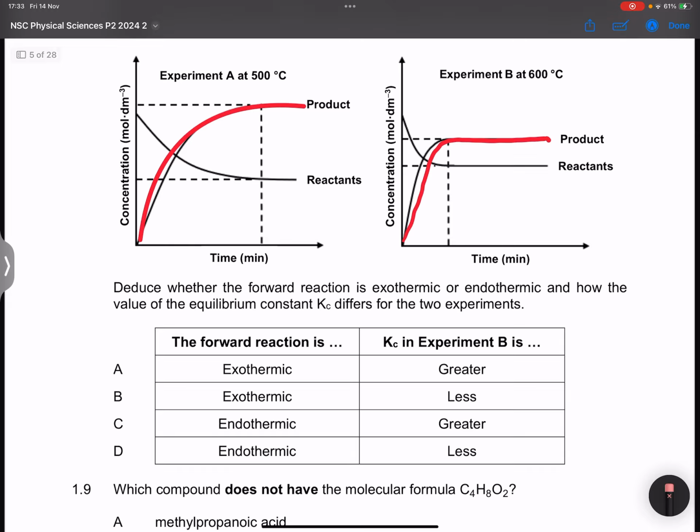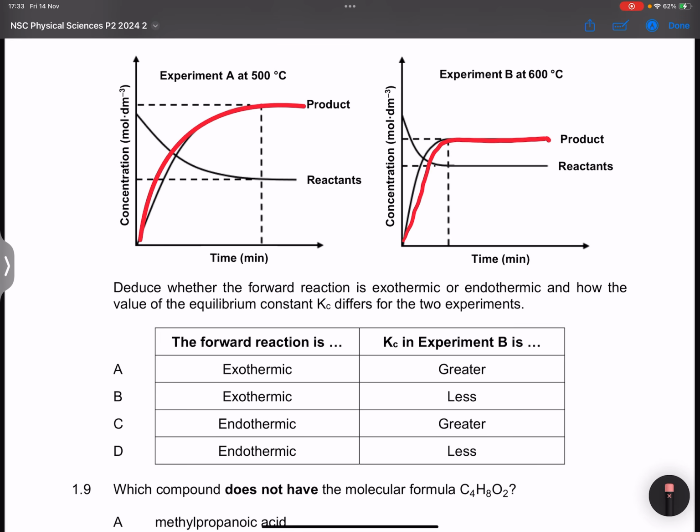Right, now they say to us, deduce whether the forward reaction is exothermic or endothermic and how the value of the equilibrium constant differs for the two experiments. Well, first of all, we've just established that an increase in temperature lowers the yield. So the yield is lower, meaning that Kc is less, okay?